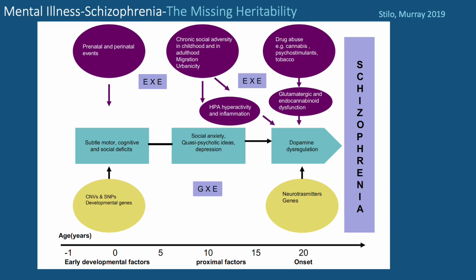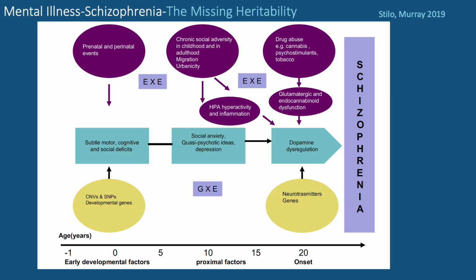The prenatal and perinatal events include environmental factors such as infections when the baby is still in utero, poor diet for the mom, stressful events for the mom that are passed to the baby through epigenetic factors, methylation of the DNA, and also, for example, drug use. These are environmental factors.